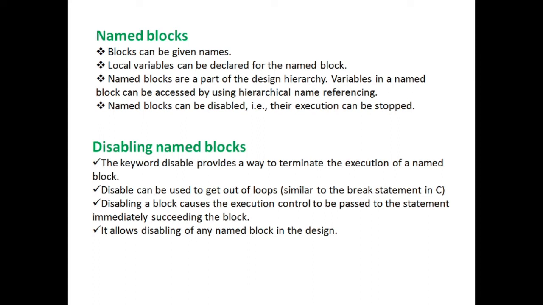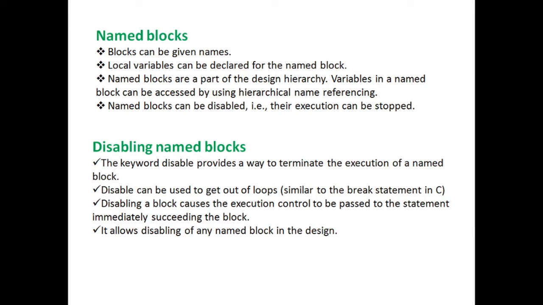So if I would like to access a particular variable, how do I access it? Variables in any named block can be accessed using the hierarchical naming manner. If I want to access a department, first I have to start from the block.